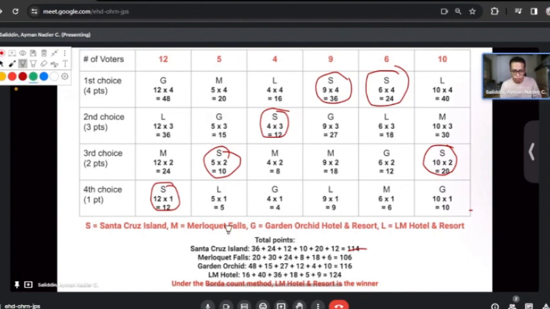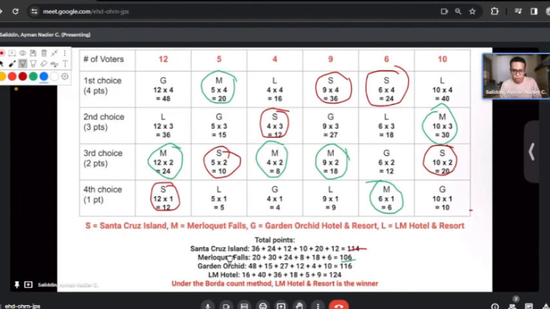Then with the Falls, we have 20, 30, 8, 24, 18, and 6. If you add that all up, that's 106.